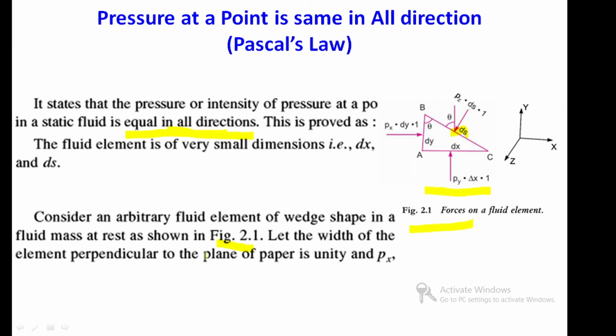Let the width of the element perpendicular to the plane of paper be unity. Here px acts on the perpendicular dimension dy into 1. This is the area, the thickness is 1, and this is the pressure in the x direction.